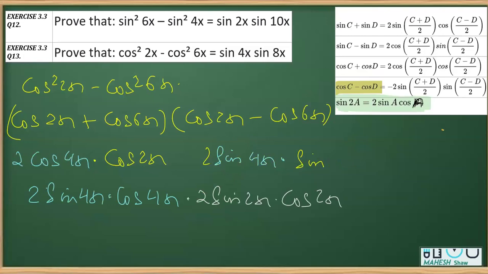I should write it clearly. This is sin 2x. Now from here, applying the identity of sin 2a, this is equal to sin 2a, that means twice of a, which is 8x, into twice of this, so this is equal to sin 4x. And this is what I can see is the RHS.